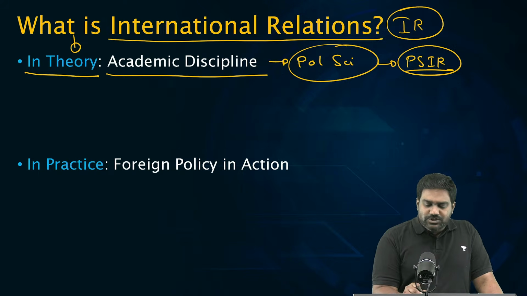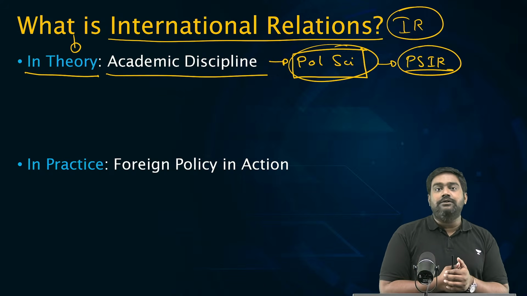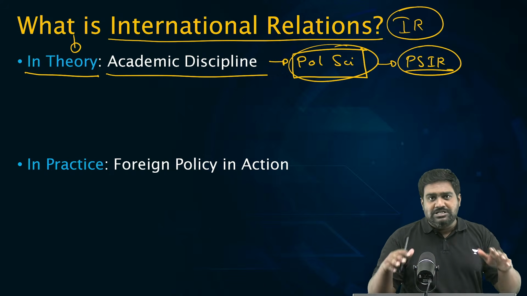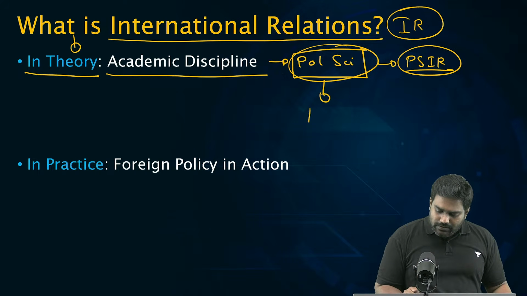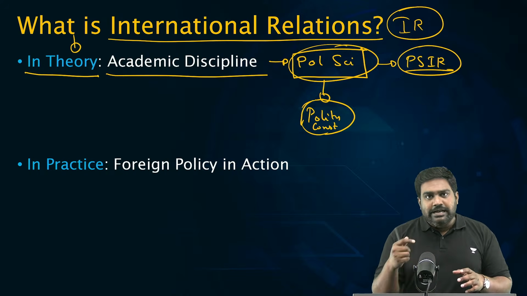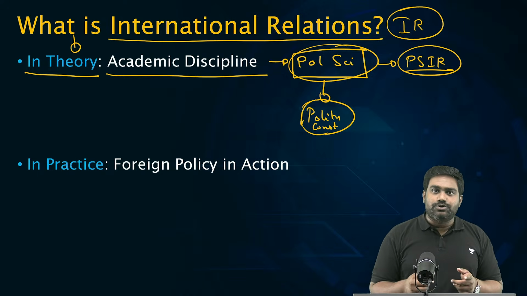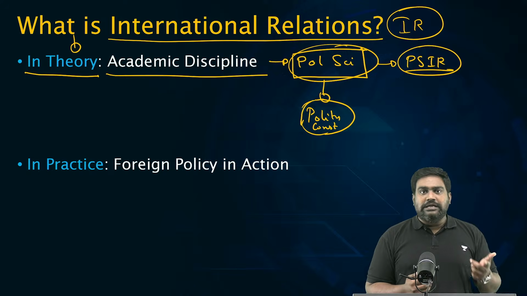Now, in political science, what do you basically study? You study the political systems of different countries. You study the constitutions, the polity of different nations, and you compare them. Correct? You engage in a comparative analysis. Like, how does the Indian constitution compare with the American constitution? How does Indian polity compare with the UK's political setup?